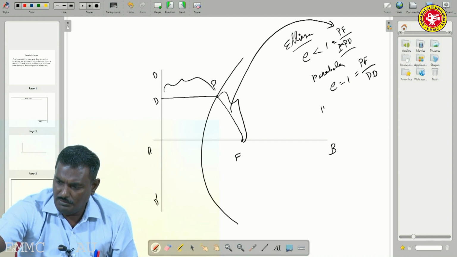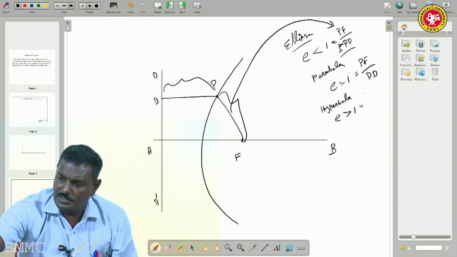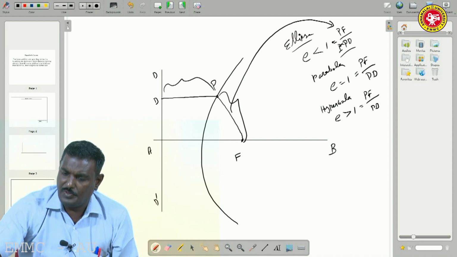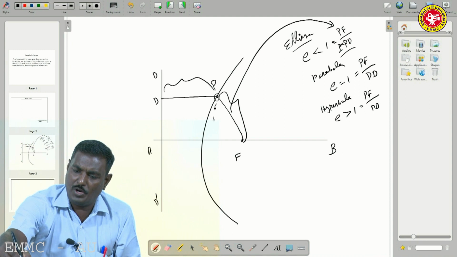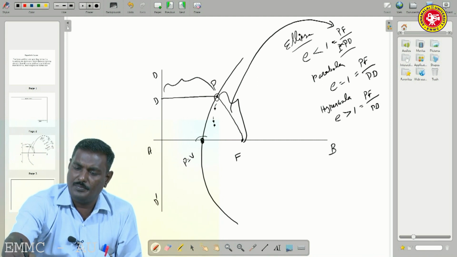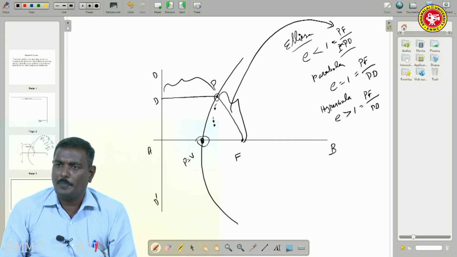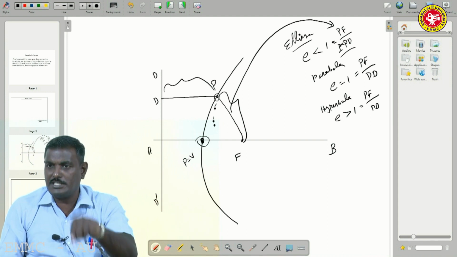Now when we talk about the hyperbola, that is E greater than 1, that is PF is greater than PD. While tracing, if you move this point here, at this point P is equal to V, the vertex point, that is equal to the locus point.